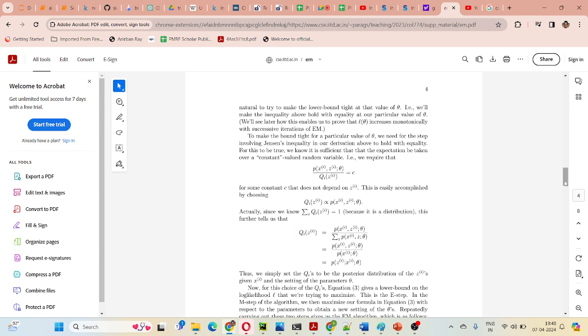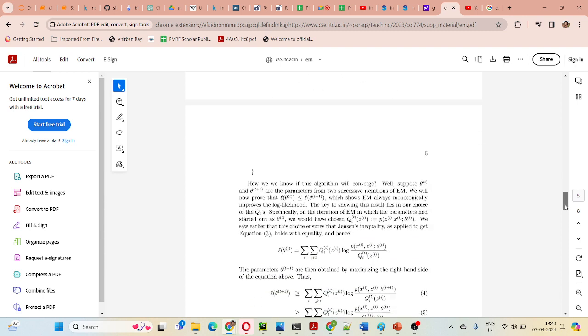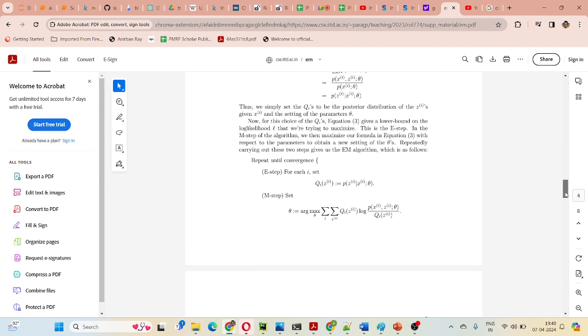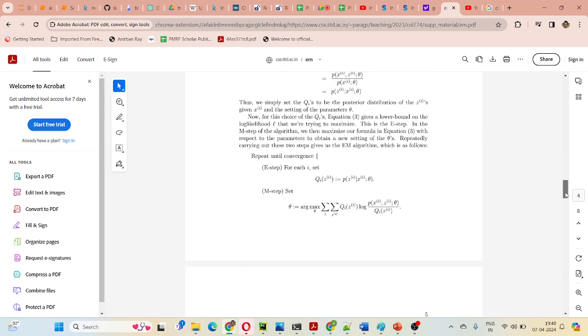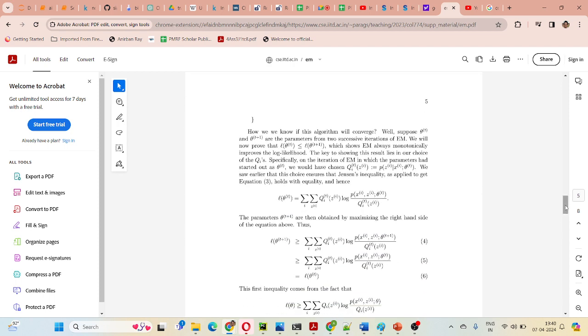The summation of the q distribution is 1 because it is a distribution, simple enough. And going to the important steps, for each step we update the q values, then update the parameters of the distribution, in M steps, till convergence.